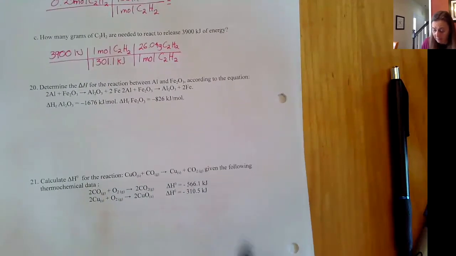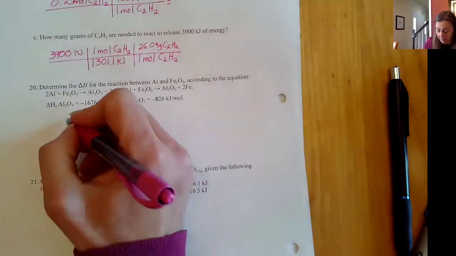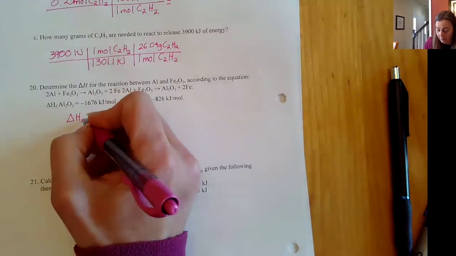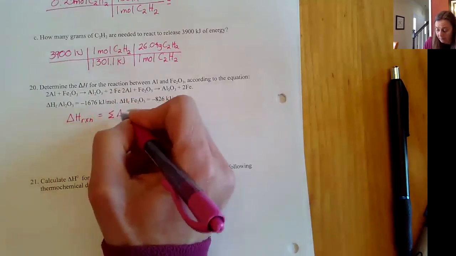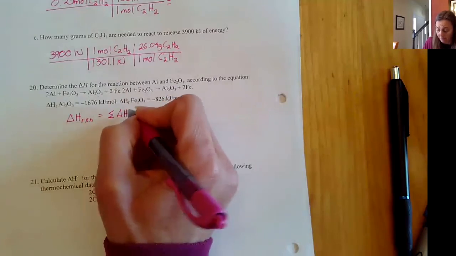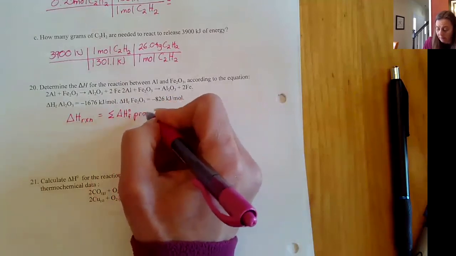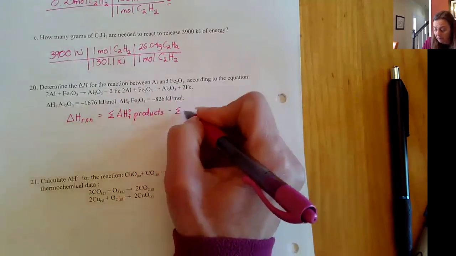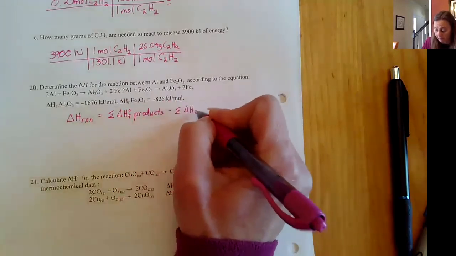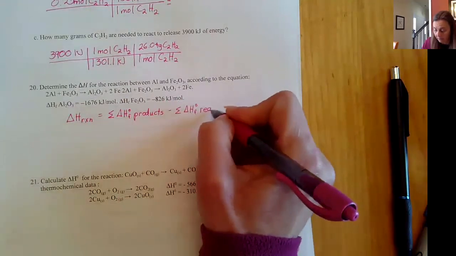This one is again an application where the delta H of the reaction is going to equal the sum of the delta H's of formation of the products minus the sum of the delta H's of formation of the reactants.